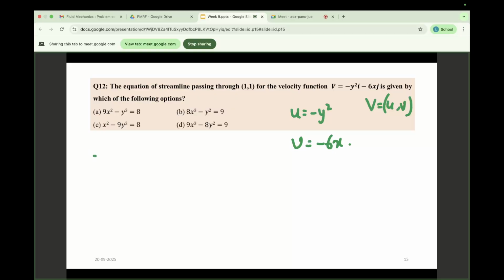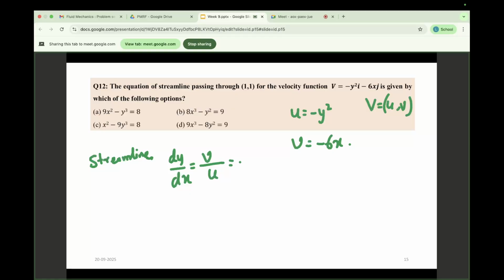As it's a streamline, which is already given in this question, what I know is that the streamline is everywhere tangent to this velocity vector. So that's why I can correspondingly write dy by dx as v by u.